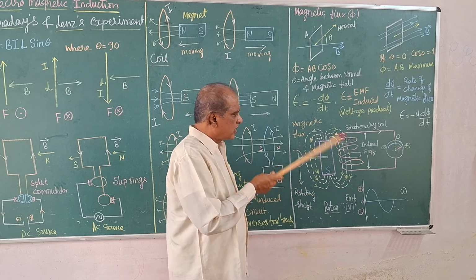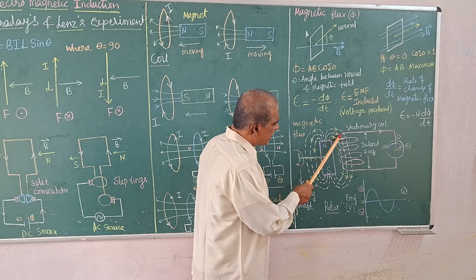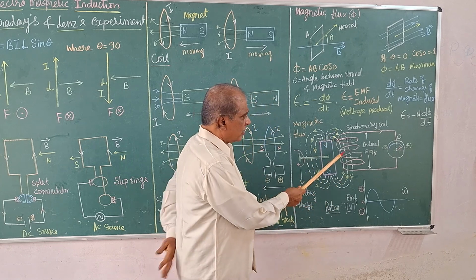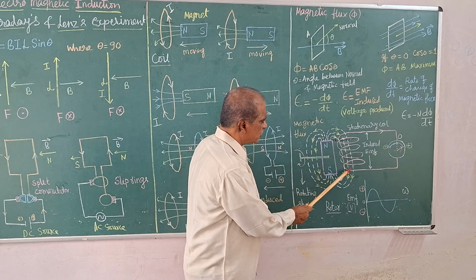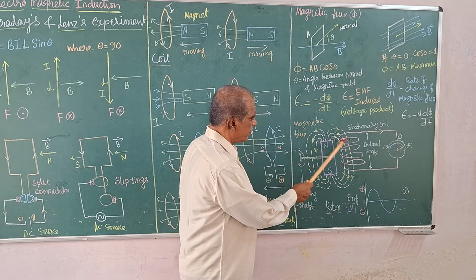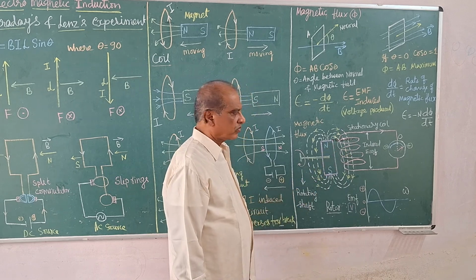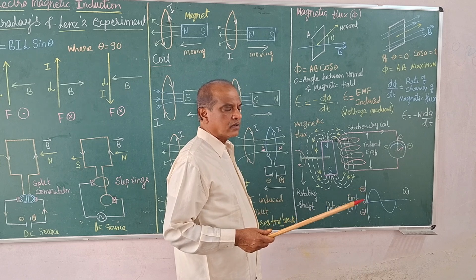While rotating, what happens here? When it stands, you see the magnetic lines of force. If you keep the magnet like this, nearby the coil, see the magnetic lines of force like this, touching the conductor. During rotation, what happens?